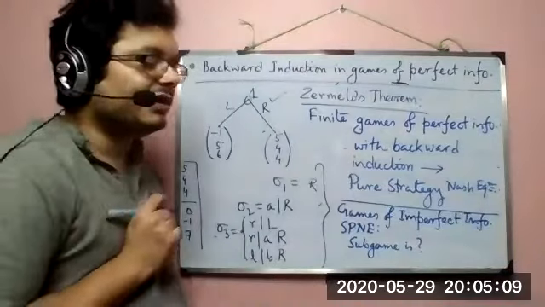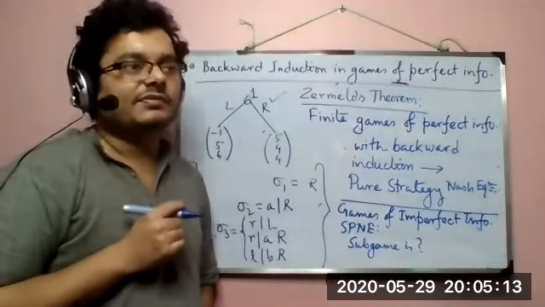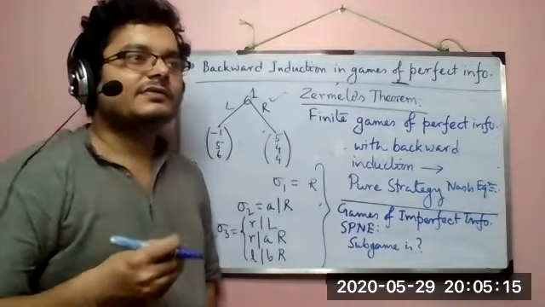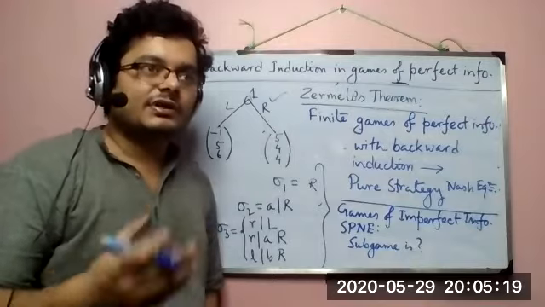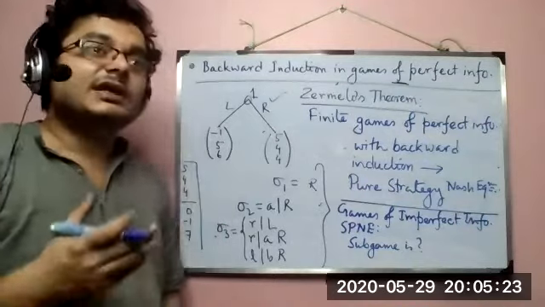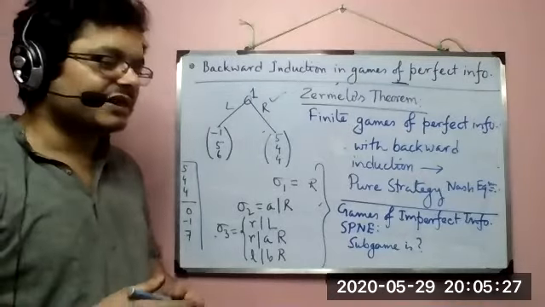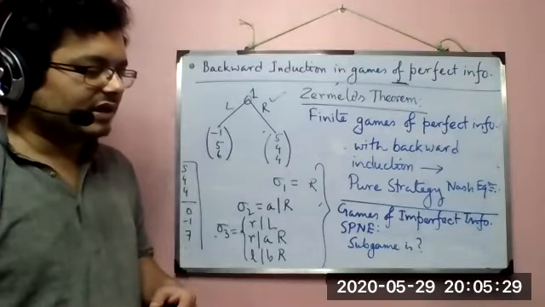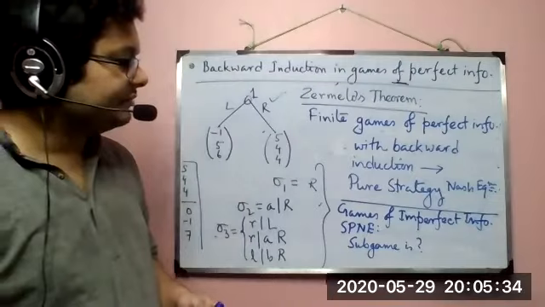Then we'll look into a game where we will try to find how many subgames there are, what kind of partition of a game is not a subgame, and what kind of partition of a game is a subgame. And after finding the subgame, the job is very simple. We will solve it like any other game. Okay, so let us end here.